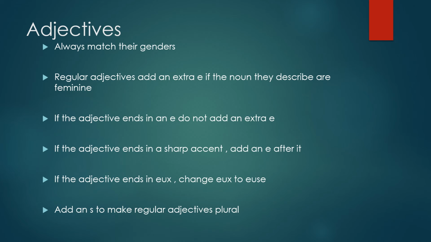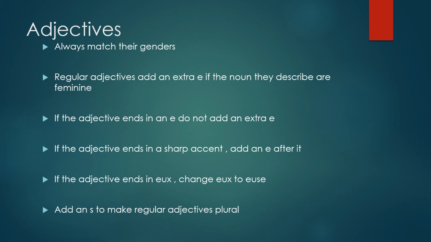All right, so when you're writing an essay, ask yourself, what gender is the noun that I'm describing? If it's feminine, you have to match the gender, all right, of the noun with the adjective that you are using there. Regular adjectives add an extra E if the noun they're describing is feminine. If the adjective ends in an E, do not add an extra E to describe a feminine noun.